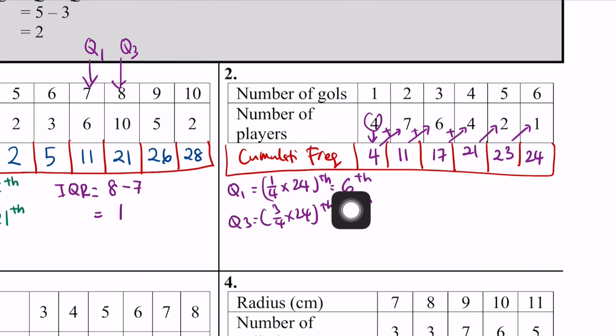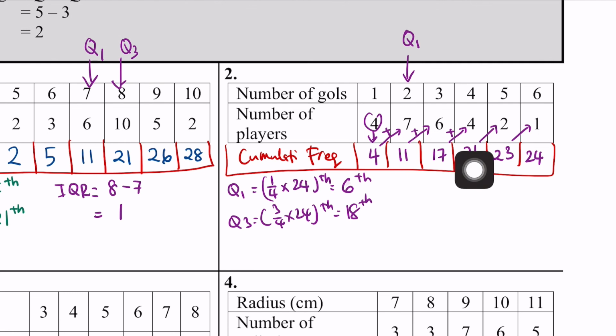First quartile pelajar yang ke-6. Sini gol 1 4 orang kan. Gol kedua 11. So 6 ni ada dalam yang ke-11 ni kan. So gol 2 ni adalah Q1. Next 18. Ini 4, ini 11, ini 17, tak sampai 18.